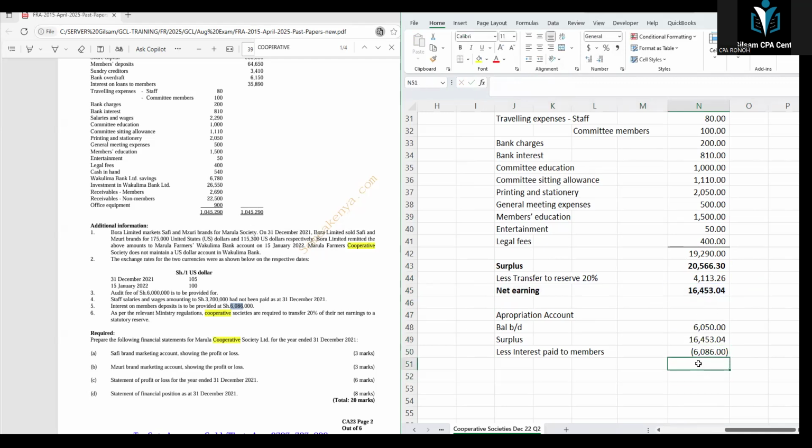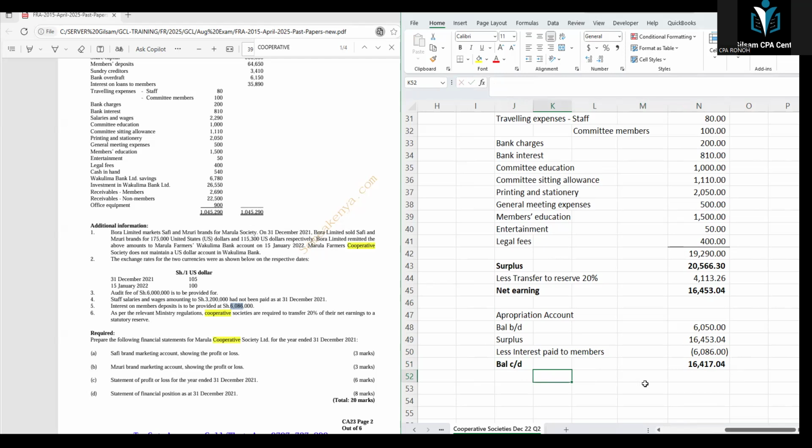Now get the balance carried forward for the appropriation account. So this is the balance carried forward. Then from there, we can open the statement of financial position.